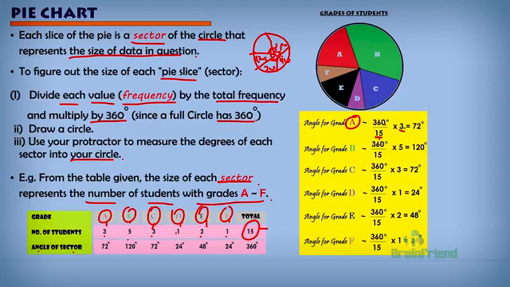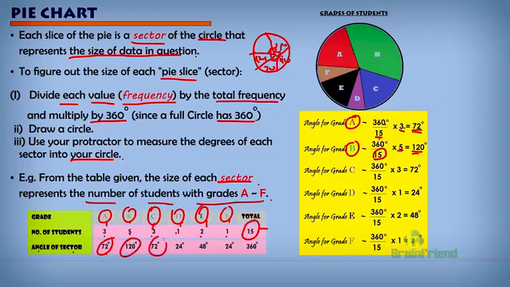If we did that, we'd have 72 degrees. Hence, we have the angle of the sector for grade A to be 72. Same thing for grade B. You have 5 students that got grade B, 5 over 15, times 360. That would give us 120 degrees. And that's how we came about that.